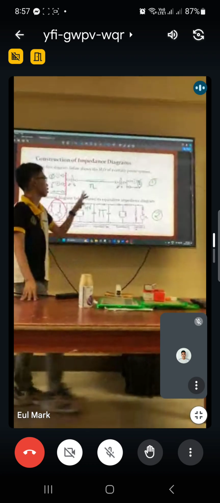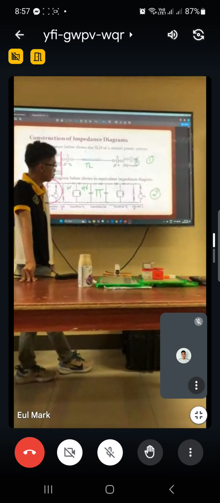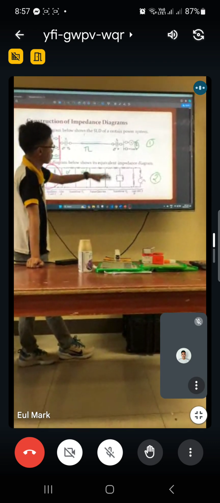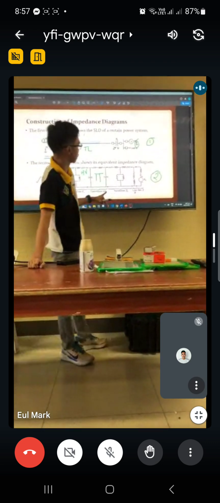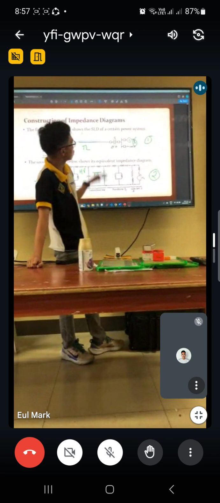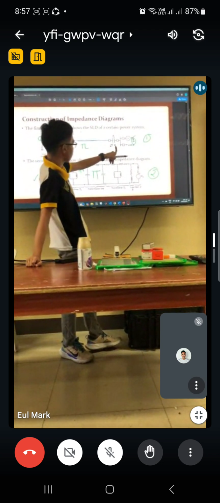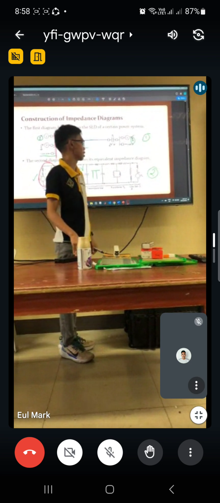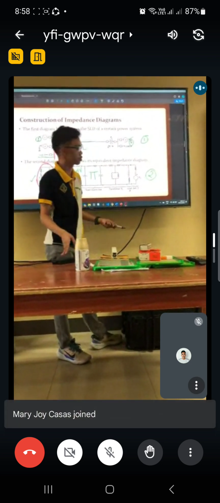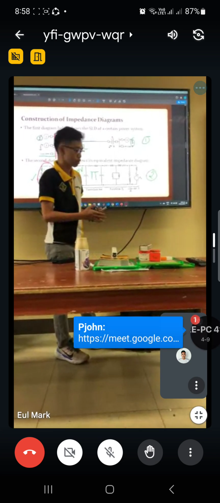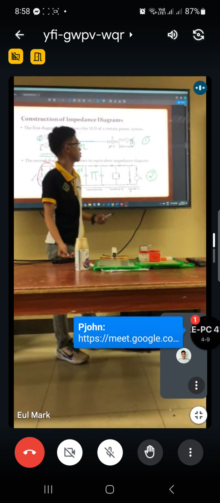It's connected through a transmission line, represented as an equivalent pi circuit. Of course, transformer 2 is the same. Y and delta. You cannot see anything there that symbolizes whether it's Y or delta, so it is a single-line representation.